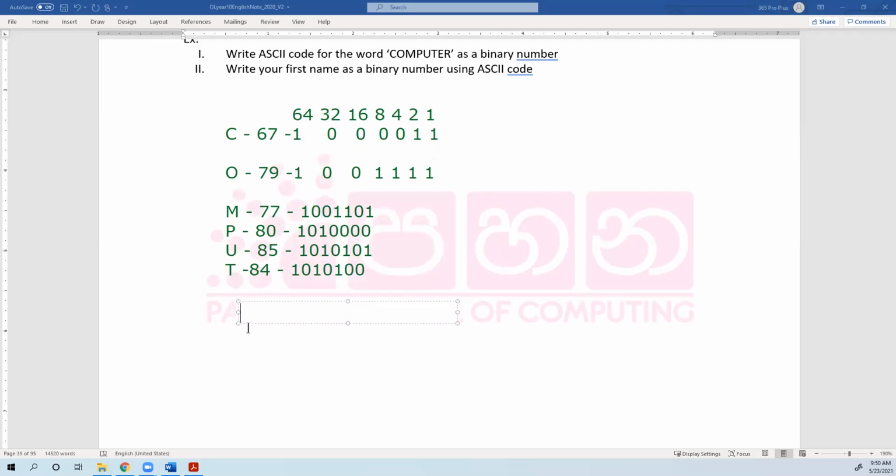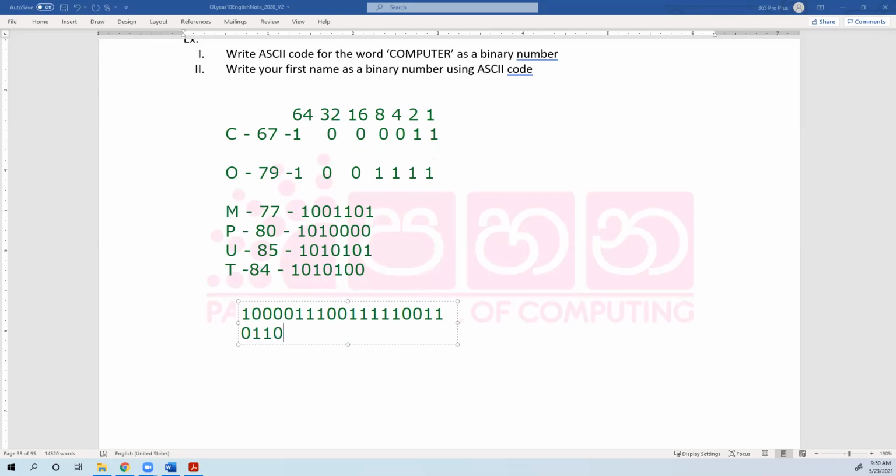So the final answer is you have to put everything together. That means C 1, 0, 0, 0, 0, 1, 1. O 1, 0, 0, 1, 1, 1, 1. M 1, 0, 0, 1, 1, 0, 1.